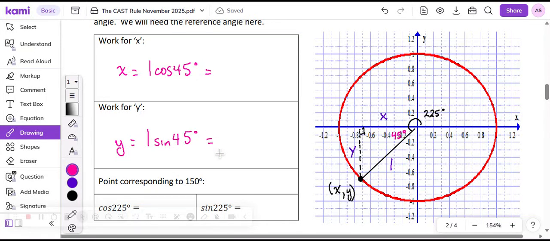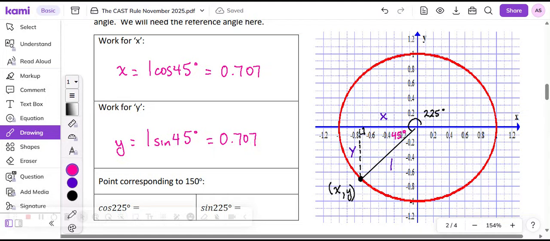And then we just got to think about signs, think about where we are on the Cartesian plane for what point that is. So 1 times cosine 45, about 0.707. 1 sine 45, 0.707.